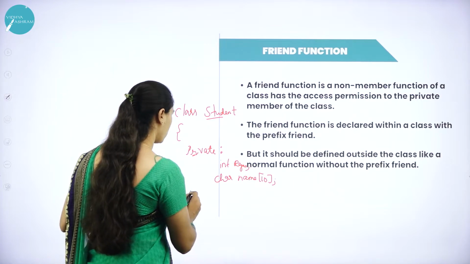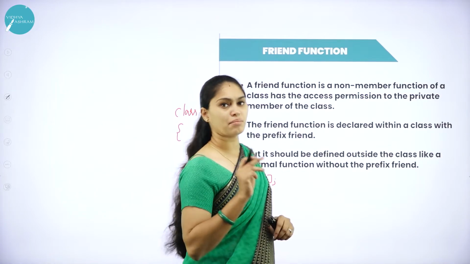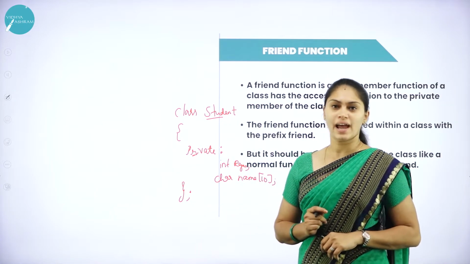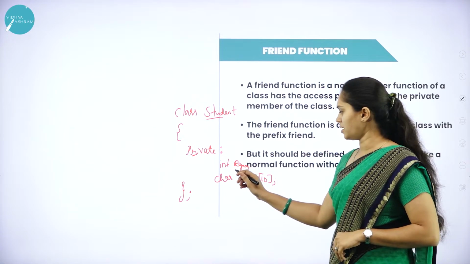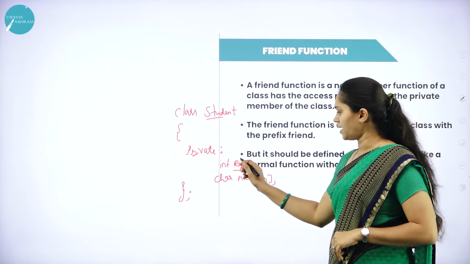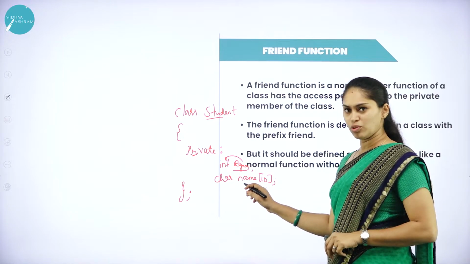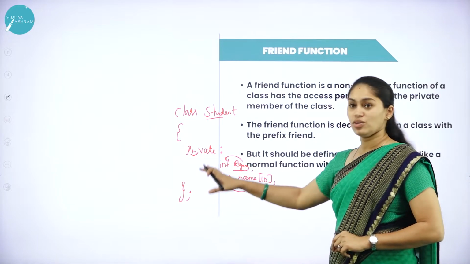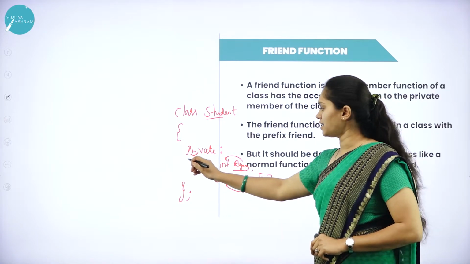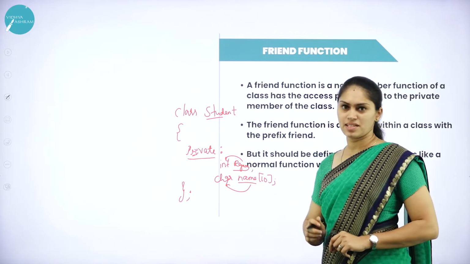So here I am going to close the class. What I am doing here is creating a class called student, and I have two data members: a register number of data type integer, and one more data member, the name, of type character. Okay, so this is declared under the scope of the private access specifier.